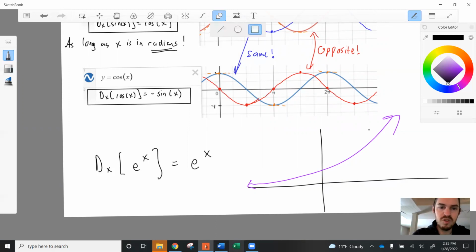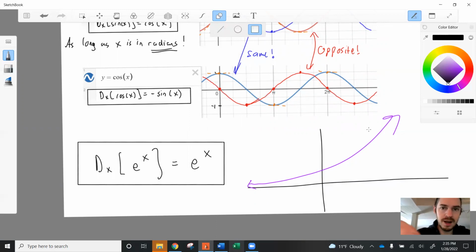That is a very special property. Not a lot of functions have it. In fact, this is pretty much the only function that has that property, up to a constant multiple. It's a very special property. So I'll put some shiny stars around it, so you can see how much it shines.